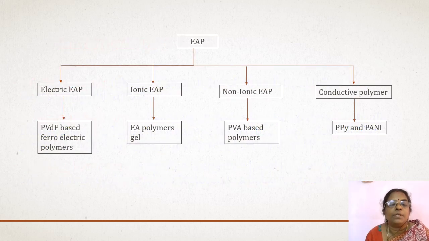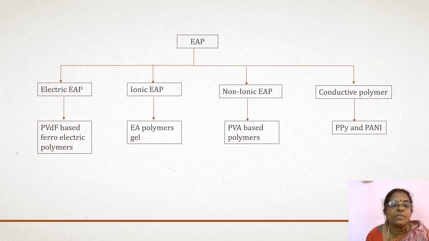Classification of EAP. It can be classified based on the stimuli or based on the principle. We find various classifications: electric EAP, ionic electroactive polymer, non-ionic electroactive polymer, and conductive polymer. As an example of electric EAP, we have PVDF.